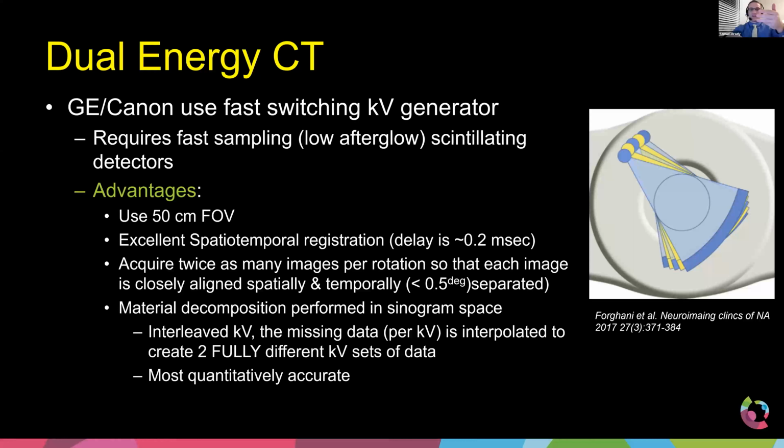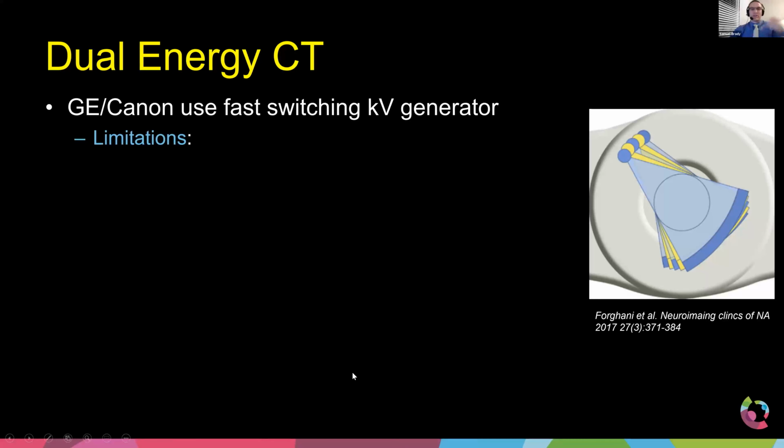And so to create a full, complete, and accurate image, it interpolates between these very close, half a degree different projection data. So there's a lot of interpolation at the low energy and the high energy, but it makes it very quantitatively accurate. And it's able to reduce all of those beam hardening artifacts because of how finely it's sampling over the body as it spins around the patient.